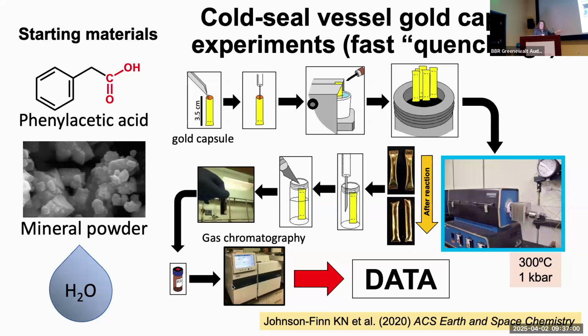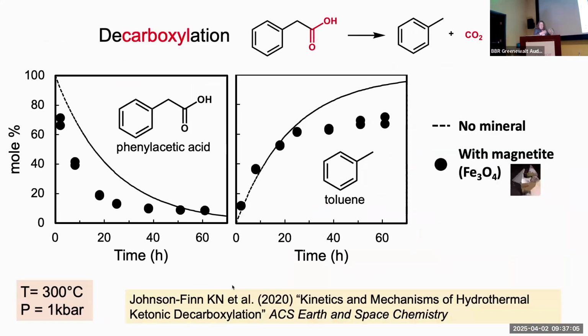Gas chromatography is really good for kinetic series data for this type of series of compounds. The results of those experiments, at least with phenylacetic acid as a starting material, are here on the x-axis time, so a kinetic series, and on the y-axis we have mole percent. If you start with this compound, the dotted line is without any mineral.